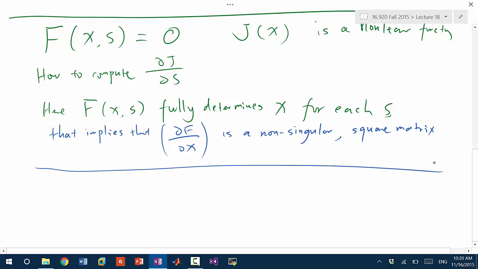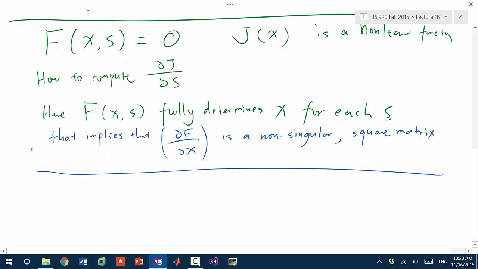All right. Okay, back to the question of how to compute partial j, partial s. Any ideas of how we borrow what we used in the linear case? Yes? You solve partial f over partial x transpose phi equals minus partial j over partial x.